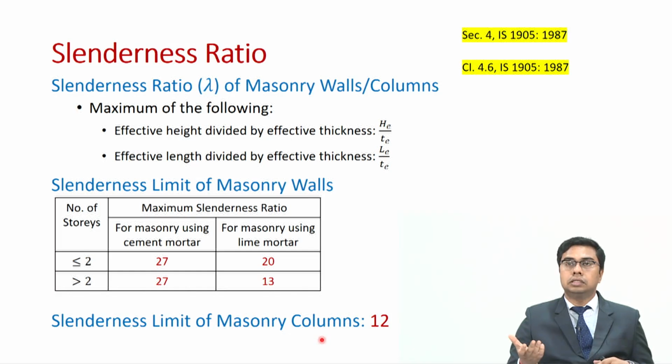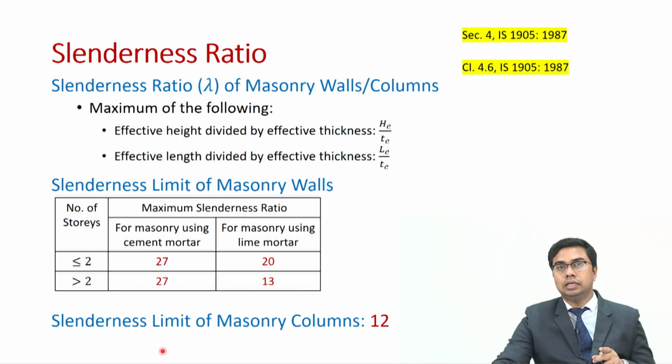In such case, the slenderness limit is defined as 12, and since masonry columns have the length to thickness ratio of less than 4, so that slenderness ratio defined based on effective length is alright, it is obviously less than 12, but we also need to check the slenderness ratio based on effective height, that is effective height divided by effective thickness. So, that has to be less than 12.